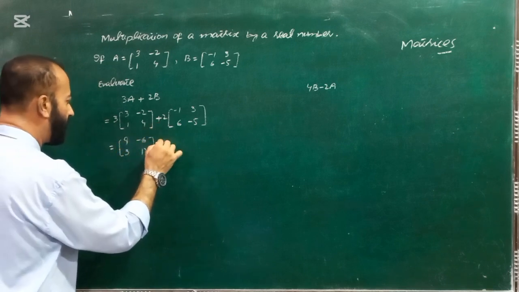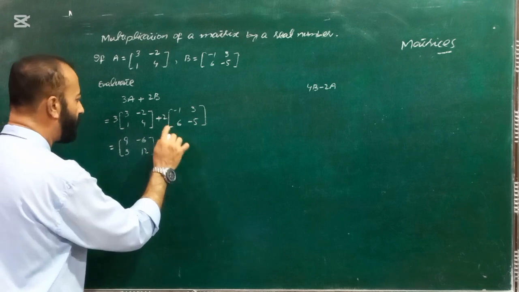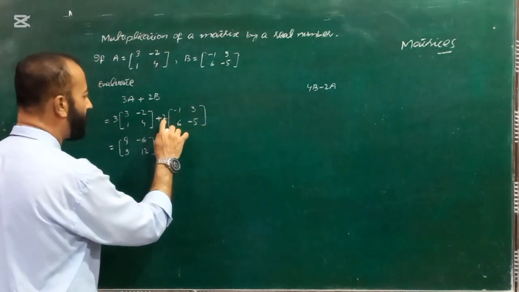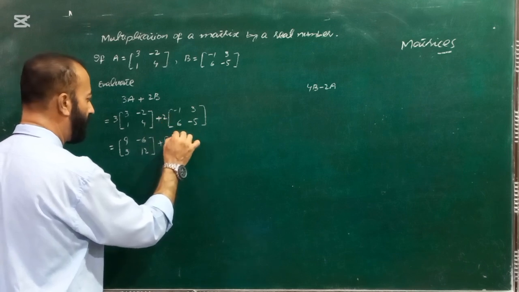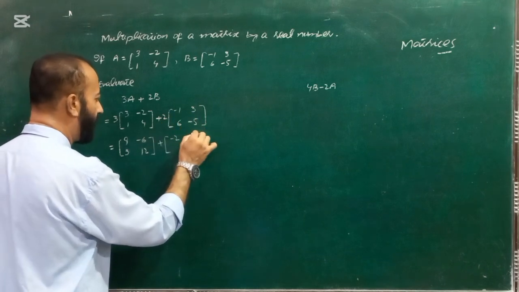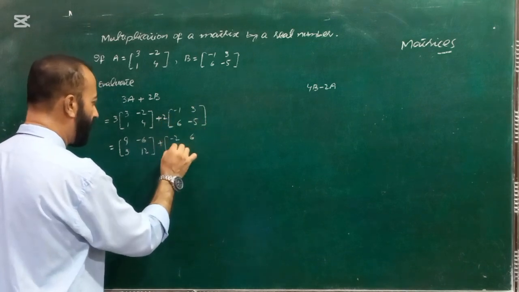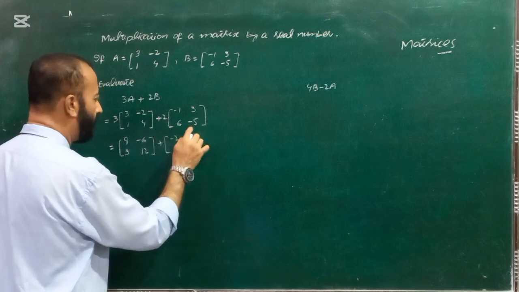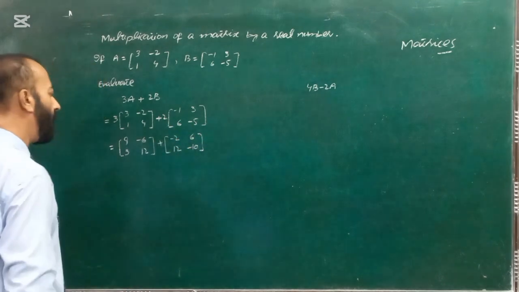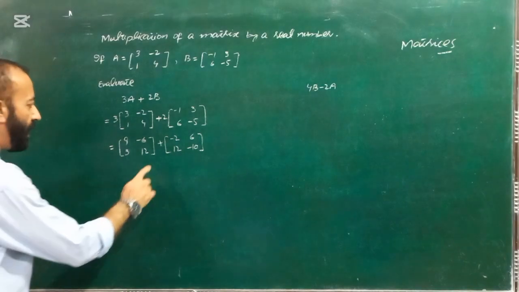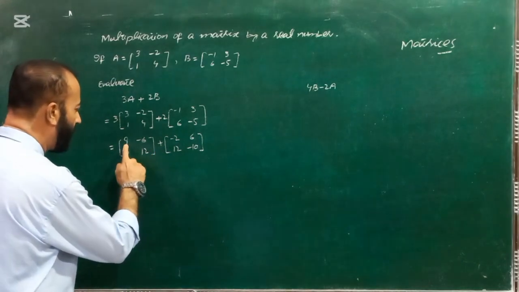Okay, this plus sign is there. Now 2 is going to be multiplied inside this matrix, so it will be multiplied with every element. So 2 minus 1s are minus 2, 2 3s are 6, 2 6s are 12, and 2 minus 5s are minus 10. Okay, now we will add the respective elements.